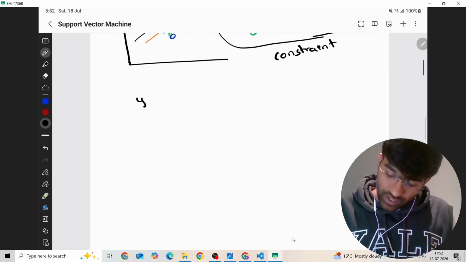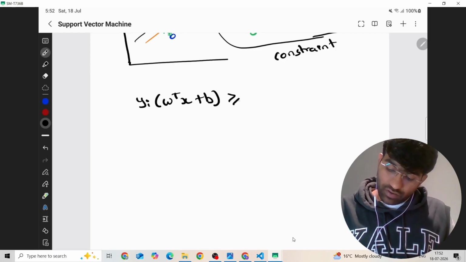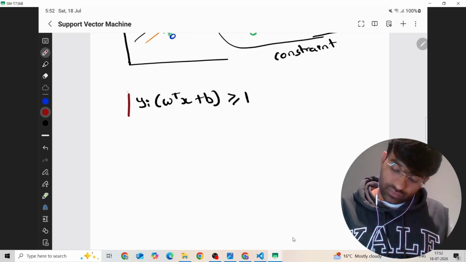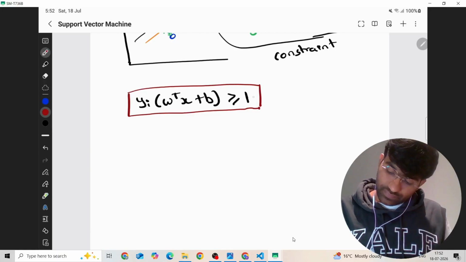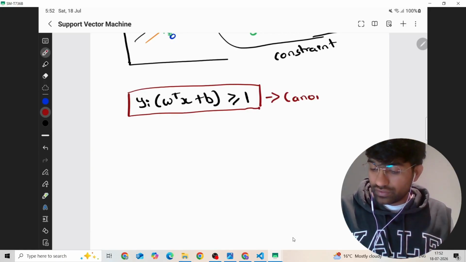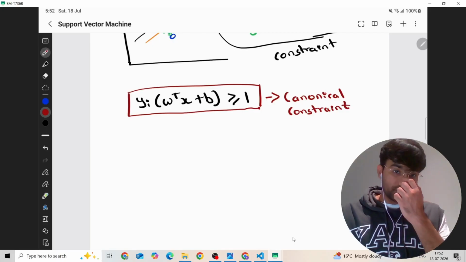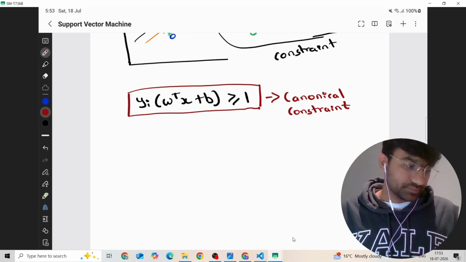So that will be yi of w transpose x plus b should be greater than or equal to 1. This is our new constraint now, and this constraint is known as the canonical constraint.